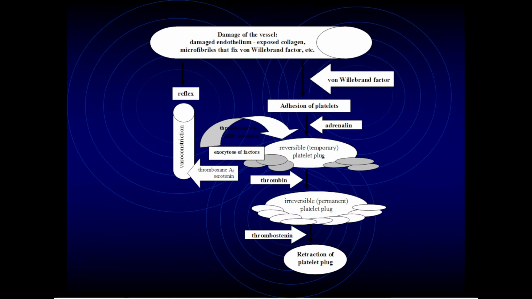Thrombostenin, one of the platelet clotting factors, will cause retraction of the platelet plaque. The result of adherence, aggregation of platelets, and retraction of platelet plaque is the formation of a temporary hemostatic plaque, or platelet plaque.